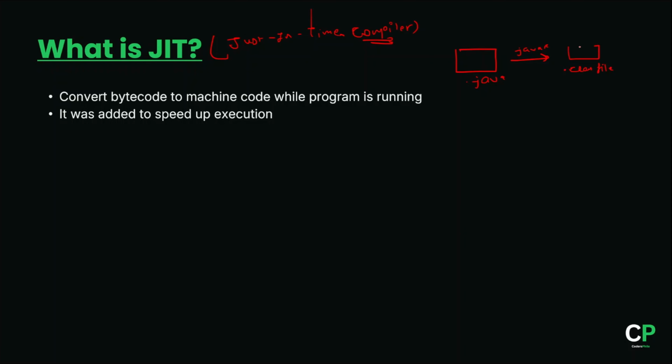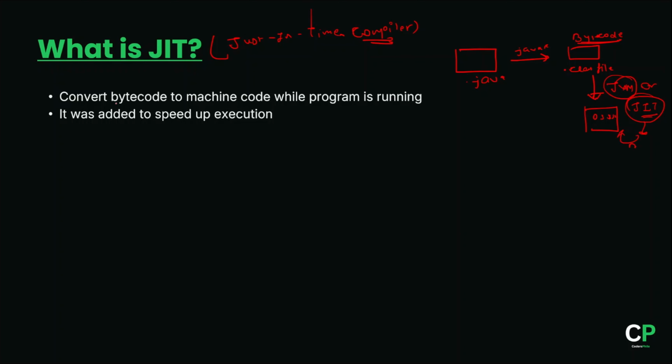The .class file contains the bytecode, and it is optimized bytecode. But our computer cannot understand the bytecode, so it needs to be converted into the machine code, zeros and ones. So who does this? Either the JVM interprets this, or the just-in-time compiler compiles it into the machine code and reuses it again and again.